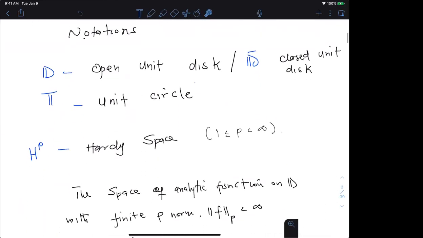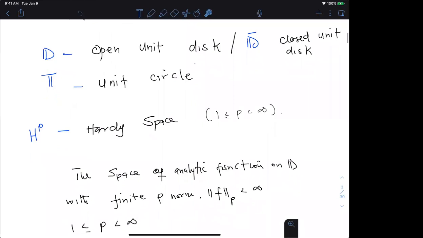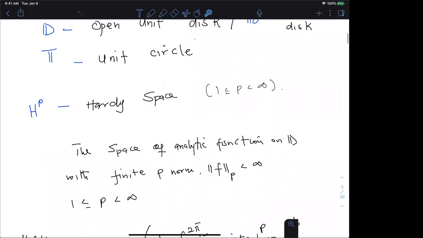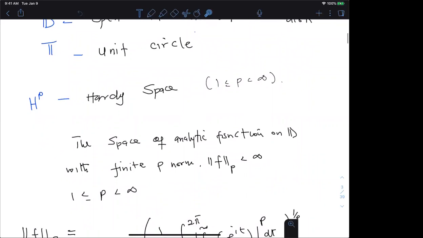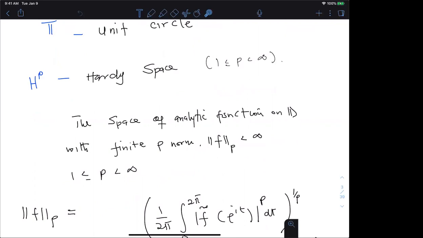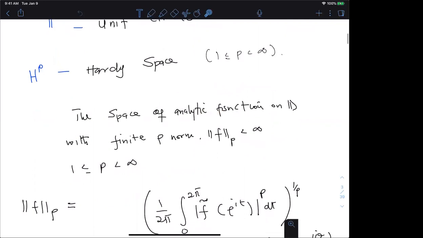Before we get into it, let's look at a few notations used in this presentation. D here represents the open unit disk, and of course, D bar is the closed unit disk. T is the unit circle, and H^p is the Hardy space. For p at least 1 and strictly less than infinity, the Hardy space is the space of analytic functions on the unit disk such that the p-norm is finite.